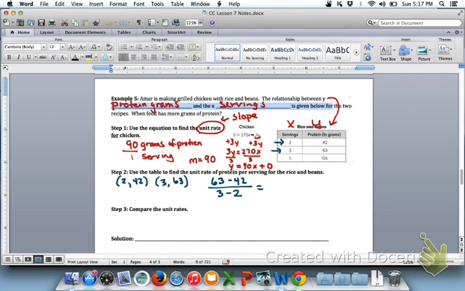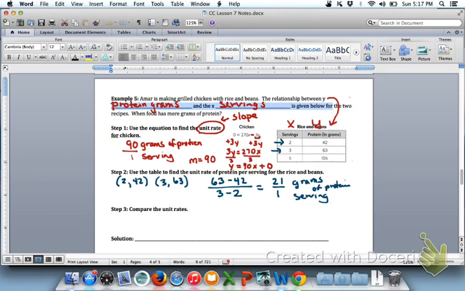And we do that subtraction, and we're going to get 21 over 1. And so our rate here is 21 grams of protein over one serving.